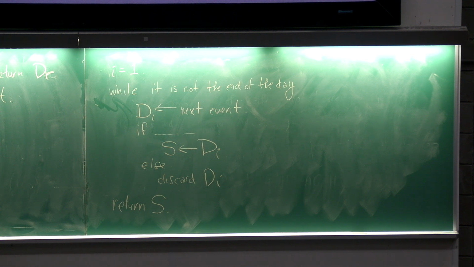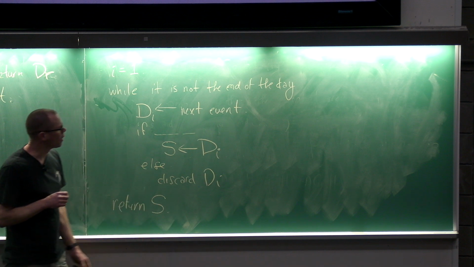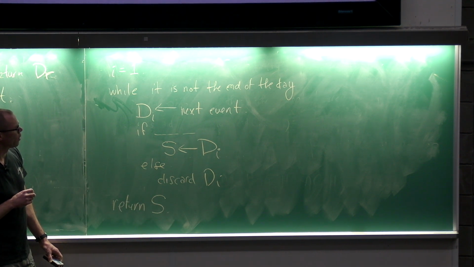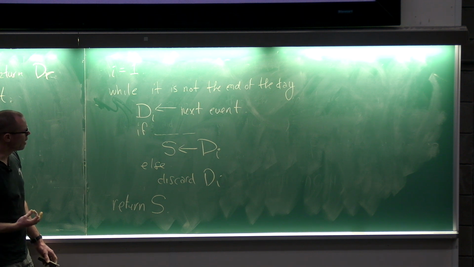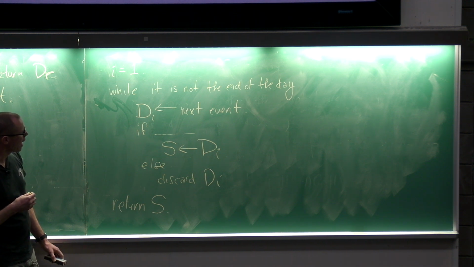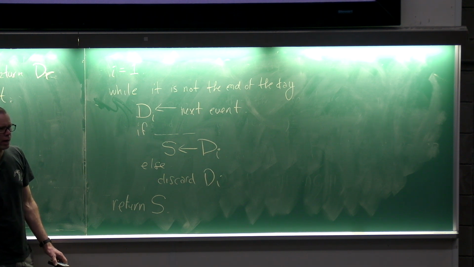No. I mean, it's some random thing, but basically, you want to put some probability here that's going to make all of this work out. And you want it to be such that the probability that you return any particular item should be 1 over n, where n is the number of items you've seen all day.